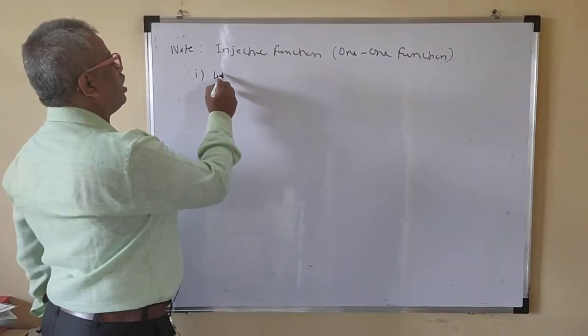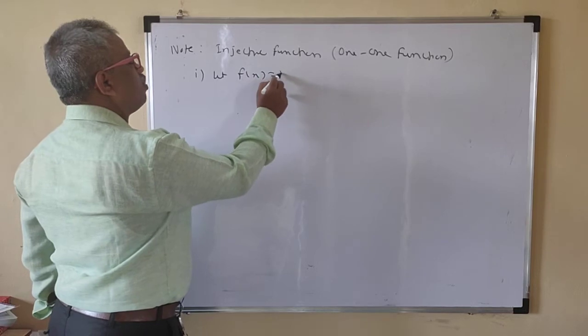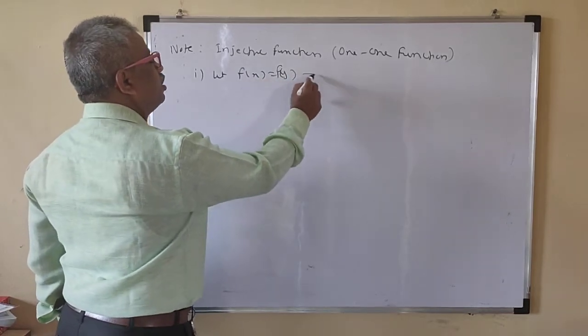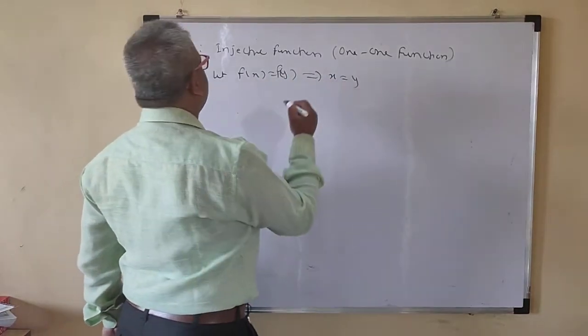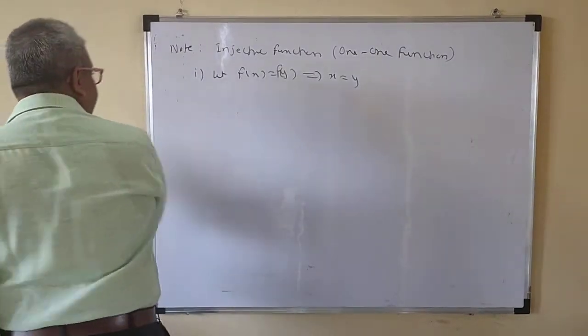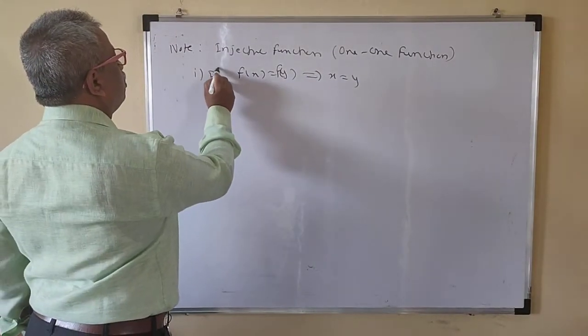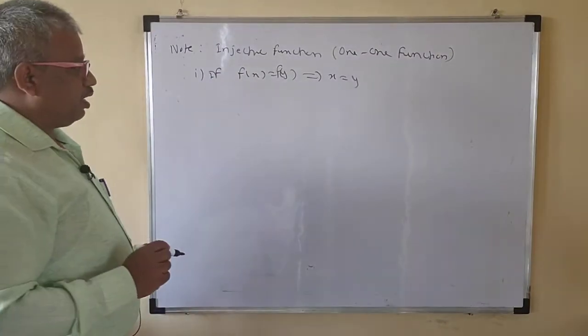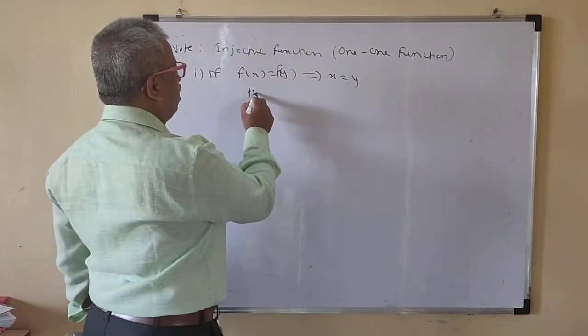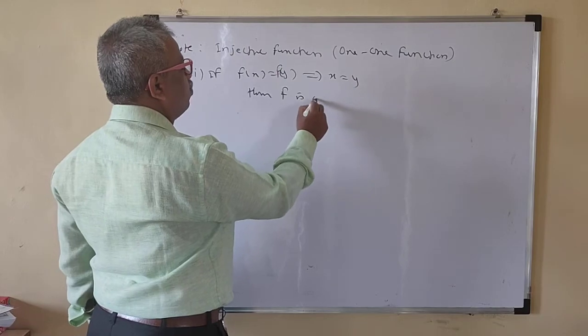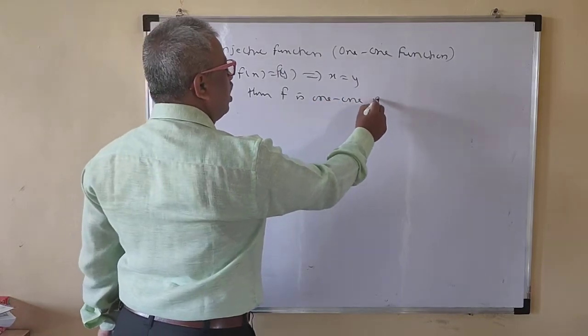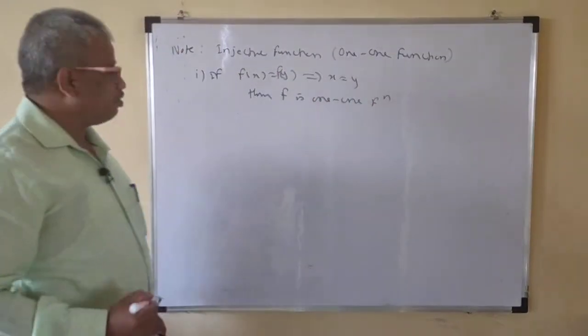Let f of x is equal to f of y. This implies that x is equal to y. Okay. So what we'll write is what? If f of x is equal to f of y implies that x is equal to y, then f is 1 to 1 function, or injective function.